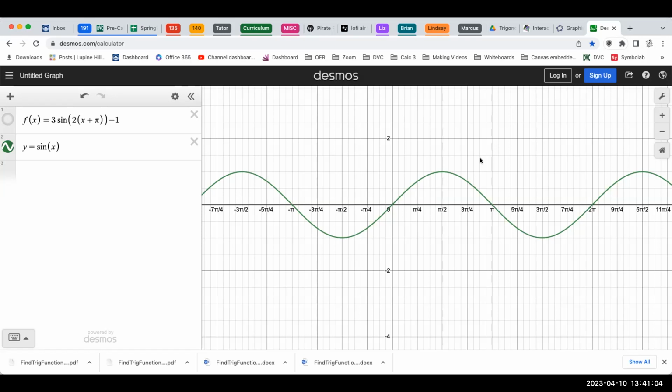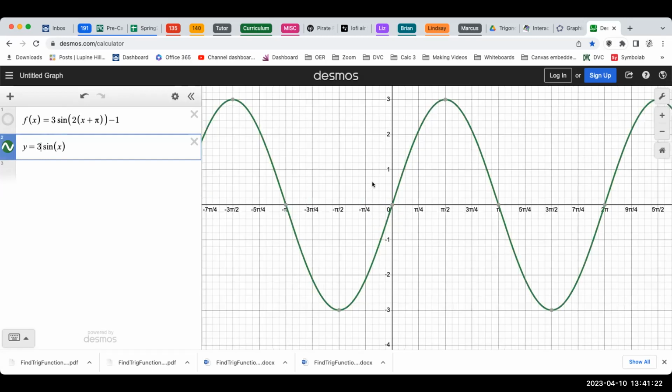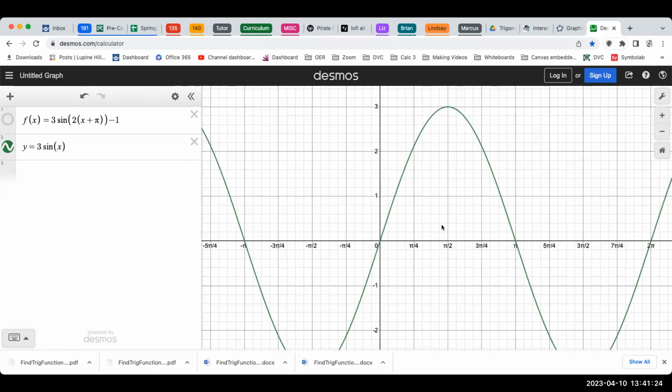Pi. And then this plus pi is going to move it left by pi units, 3.14 units, and then the -1 brings it down. Let's double check. Let's multiply this by 3. Yep, the amplitude is 3.